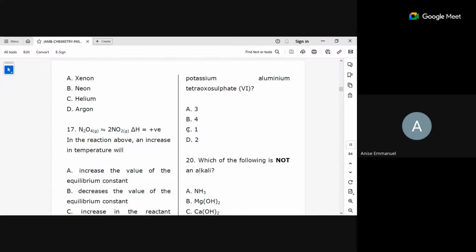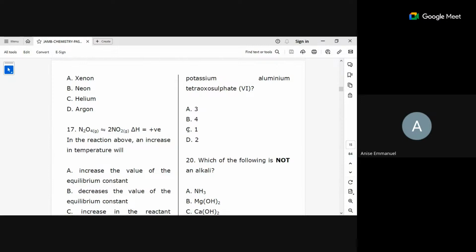I said in normal salt, all the replaceable hydrogen ions are replaced by metal. But in acidic salt, they are partially replaced. That is the reason that in a normal salt you will never see the element H. In an acidic salt, you will see H, either 1H or 2H.